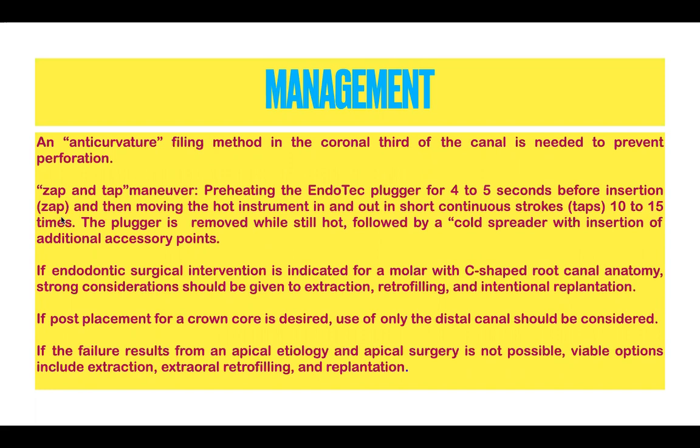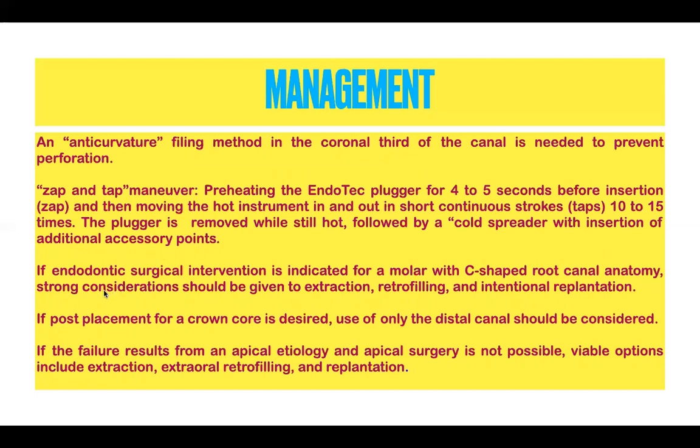Regarding the obturation, the jab and tap maneuver, that is, preheating the endodontic plugger for 4 to 5 seconds before insertion, that is jab, and then moving the hot instrument in and out in short continuous strokes, that is tap, 10 to 15 times. The plugger is removed while still hot, followed by a cold spreader with insertion of additional accessory points.